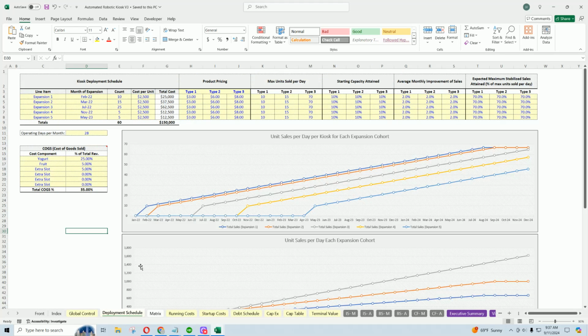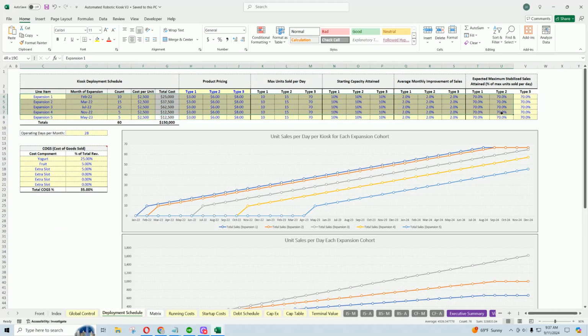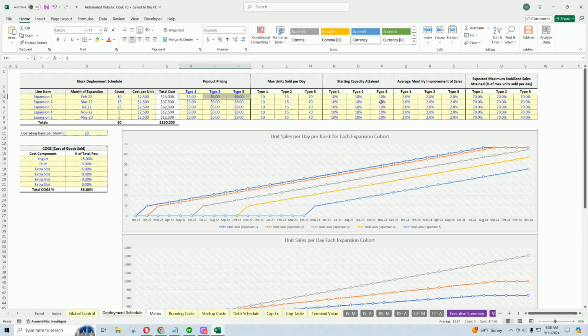Now on the default version, I also did some updates. So this is how the old version worked, which is also available on the purchase page, which I'll take you to here in a second. But this is the other method. This is more for large scaling, hundreds and hundreds of units over time, and then pricing based on the maximum capacity you could do, and then the improvement in that, as well as a stabilized amount of units sold per day per machine.